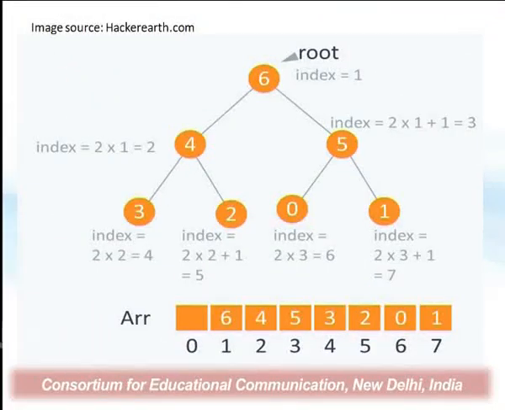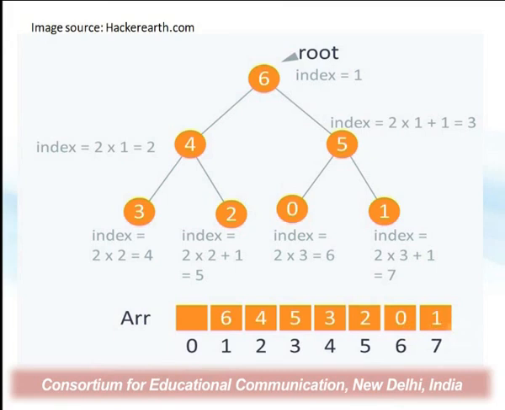Both are manageable with simple adjustments. So let's say in this figure we are taking the root index as 1, and it has 6, 4, 5. That is the tree I have already shown you. Here I have just calculated the indexes. For 6, the index is 1. For its left child, the index is 2. For its right child, the index is 3.